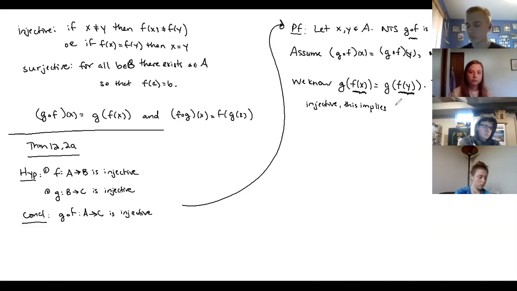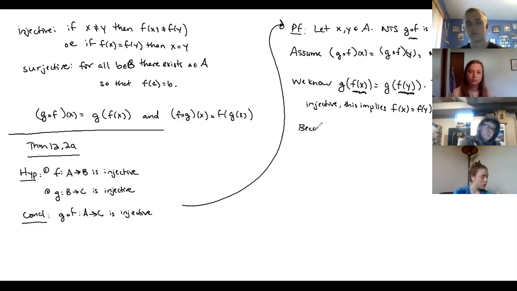So because G is injective, this implies that F of X equals F of Y. Because G is injective, I know that F of X equals F of Y. Seeing it in terms of sailboat and flower? Yes, good, okay. Now we're basically done.